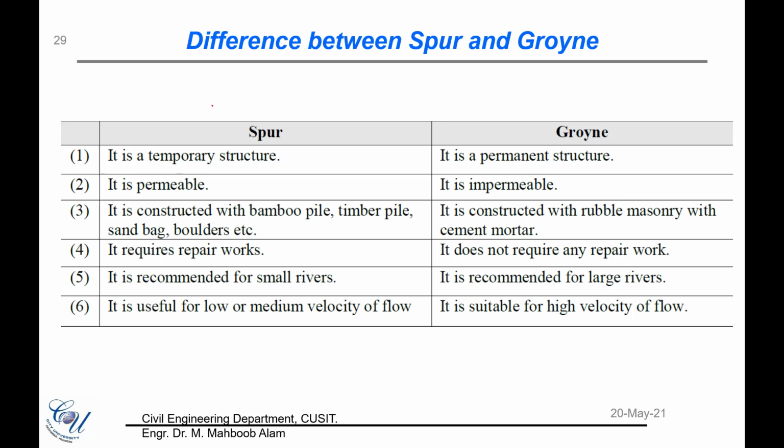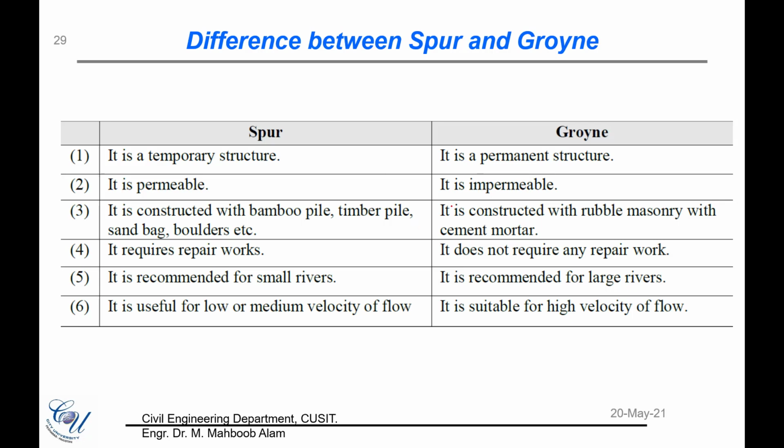These are the differences between the spurs and the groins. As we said, spurs are permeable and groins are impermeable. Spurs are temporary structures, while groins, on the other hand, are permanent structures. These are a few differences between the two structures.